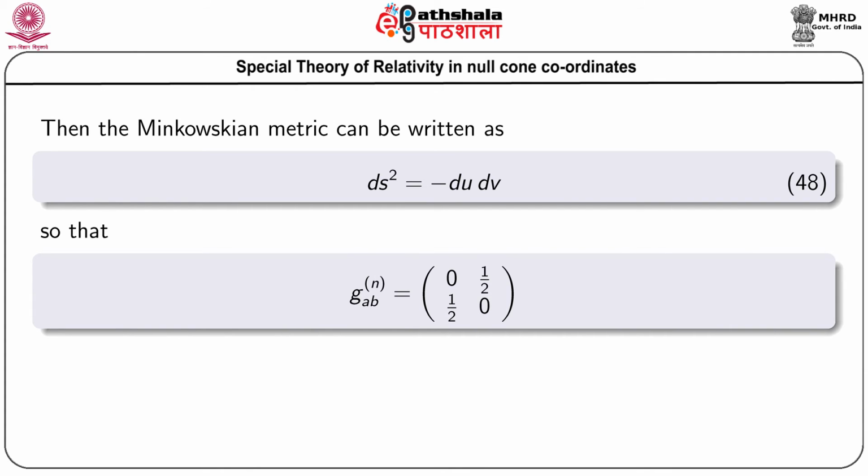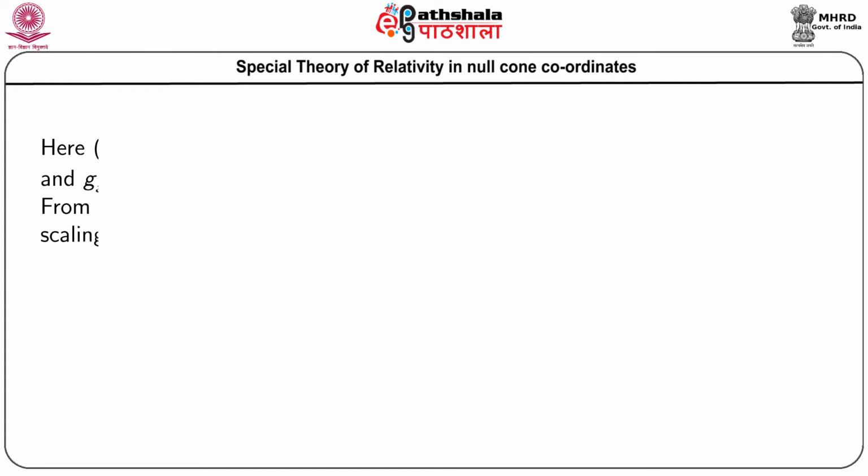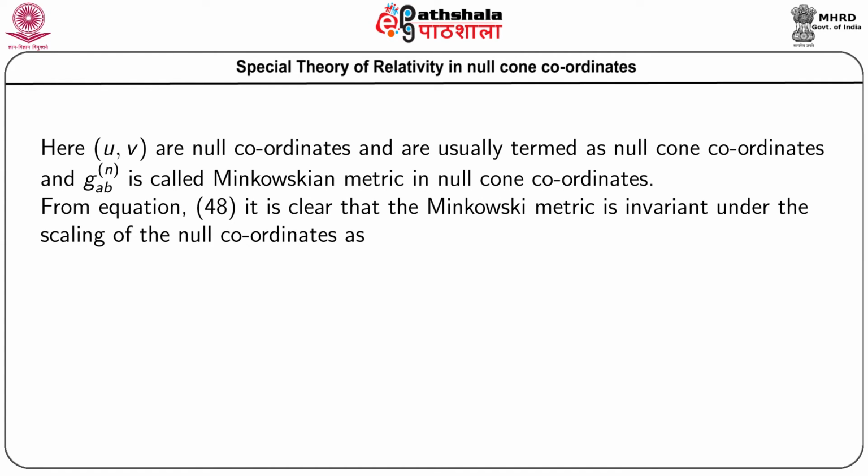So, in the above expression, the g_AB will be (0, 1/2; 1/2, 0), with A, B running from 0 and 1, and x0 equals u and x1 equals v. Here u, v are null coordinates and are usually termed as null cone coordinates, and g_AB in the bracket is called the Minkowskian metric in null cone coordinates.